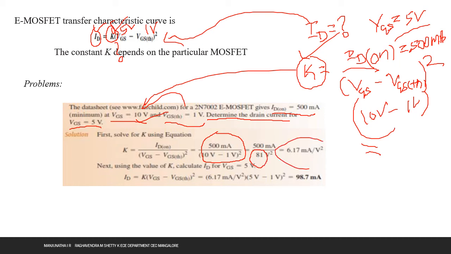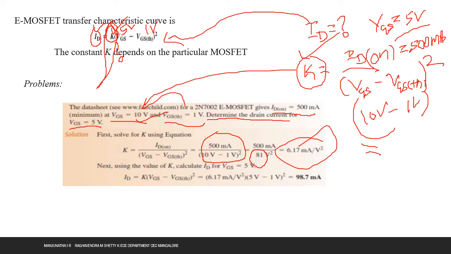So I'll get its value as 6.17 milliamps per volt square. Milliamps per volt square is the unit for K. Yes, I got the value for K now.